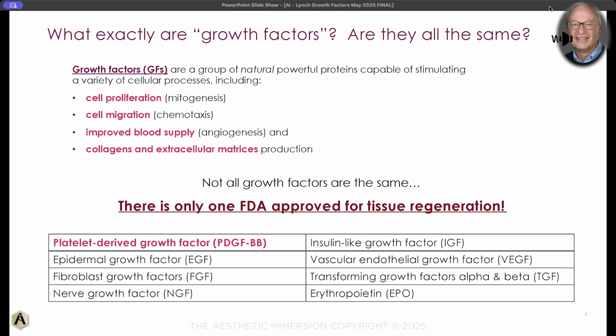Some growth factors stimulate cell proliferation of certain types of cells. Other growth factors stimulate cell migration of just a certain type of cell. Other growth factors stimulate what we call angiogenesis, new neovascularization. Other growth factors stimulate more collagen and extracellular matrix production.